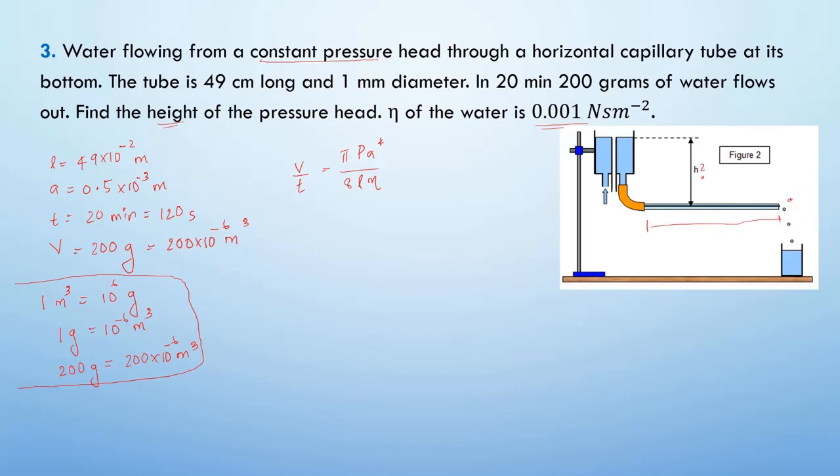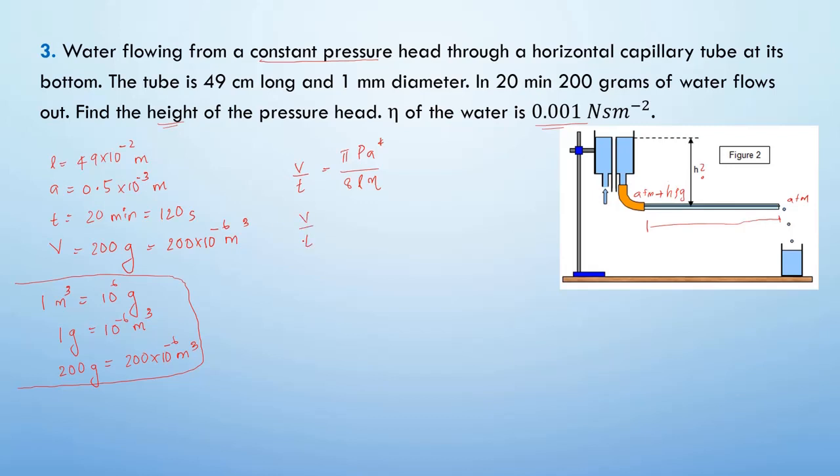Here we have atmospheric pressure plus the pressure of the water column above this, and that is H rho G. We need to find H; we have the values for rho and G. So, let's substitute for that.